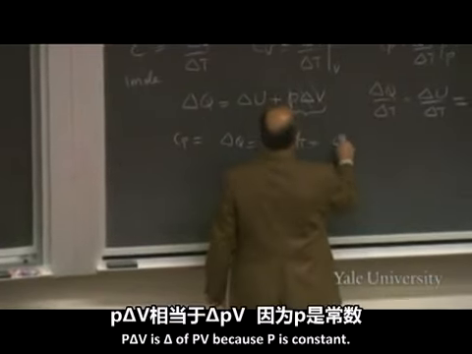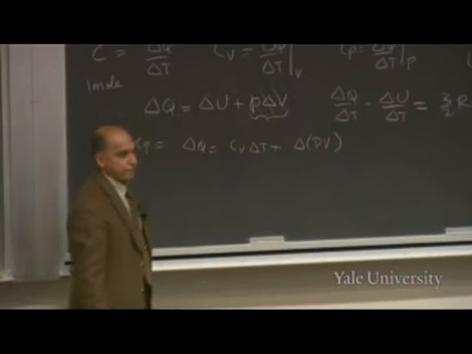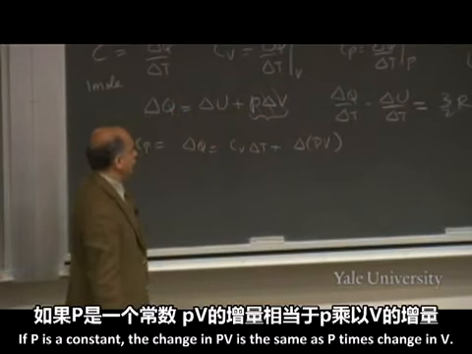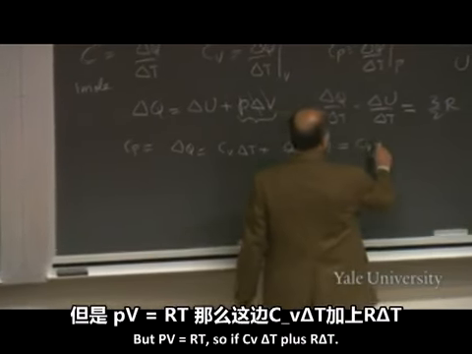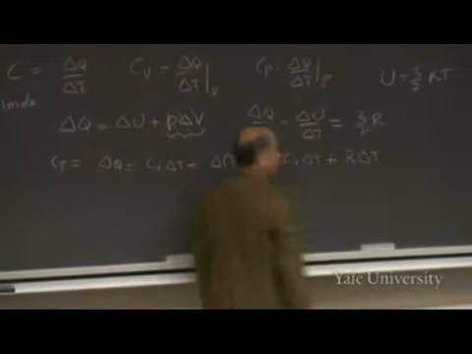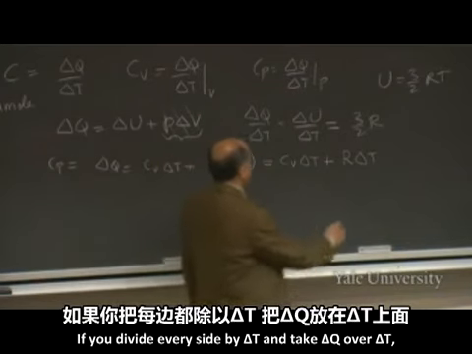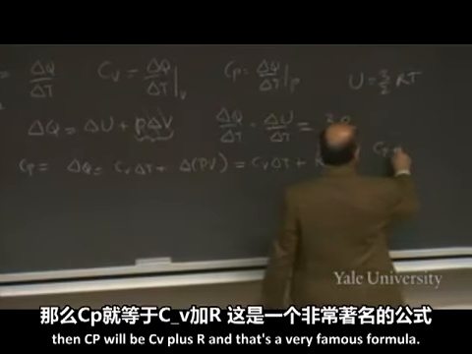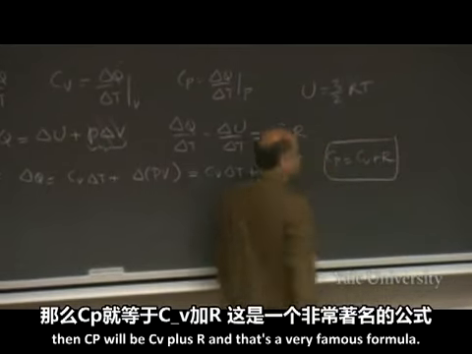P delta V is delta of PV because if P is a constant, the change in PV is the same as P times change in V. But PV equals RT. So it's Cv delta T plus R delta T. If you divide every side by delta T and take delta Q over delta T, then Cp will be Cv plus R, and that's a very famous formula.